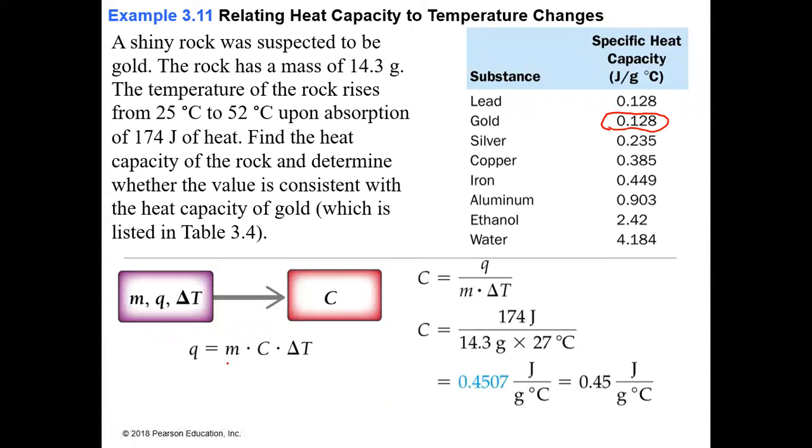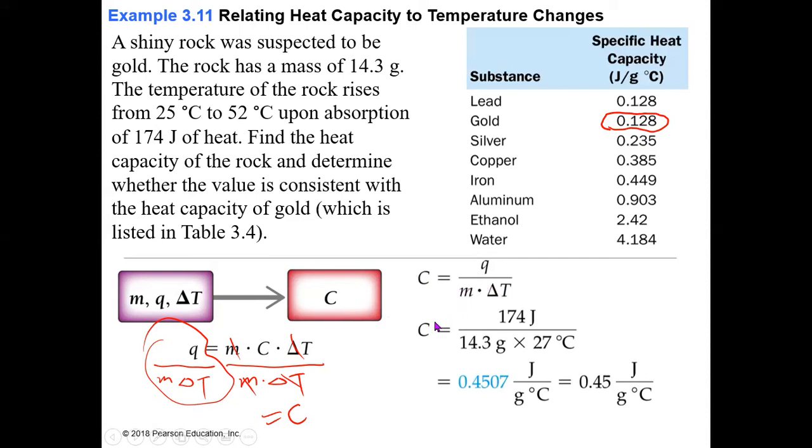What we did is divide both sides by m and delta T, so m and delta T cancel on the right side, and we have C alone. Then we write C on the left. We have this equation, and then we just plug in those numbers.